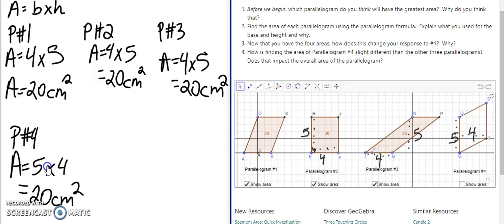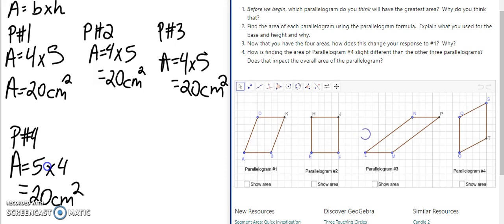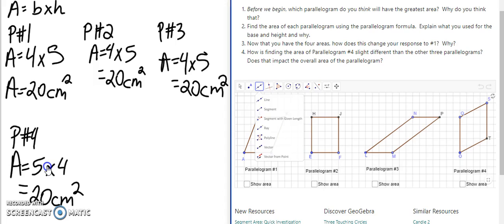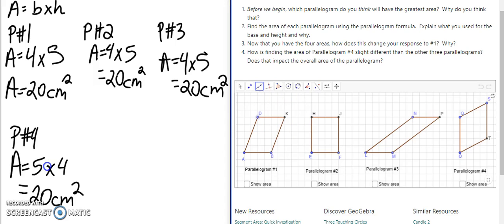Now, part of the reason this happens is, let me reset this whole page here. If I look at what's going on and why this works, especially for the first three, look at my two parallel sides, what I'll call the top and bottom. You see that all three of those parallelograms line up.